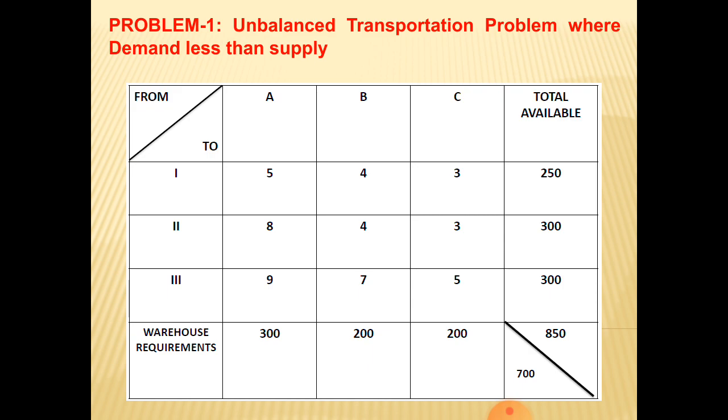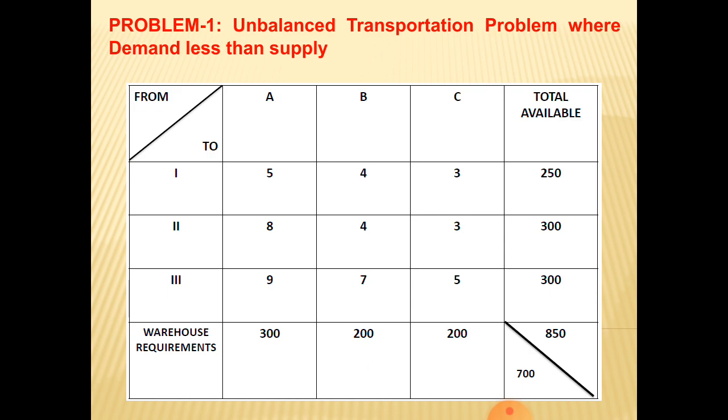Here is the first problem, an unbalanced transportation problem. Here three requirements and three availabilities are available. It is a 3 by 3 matrix.